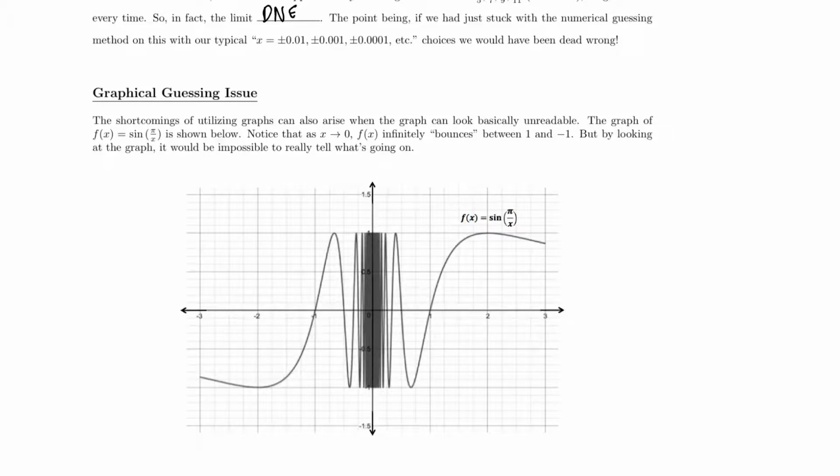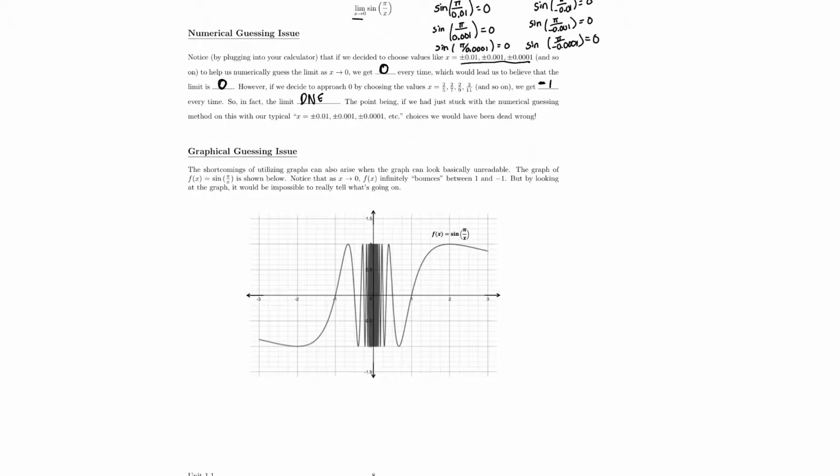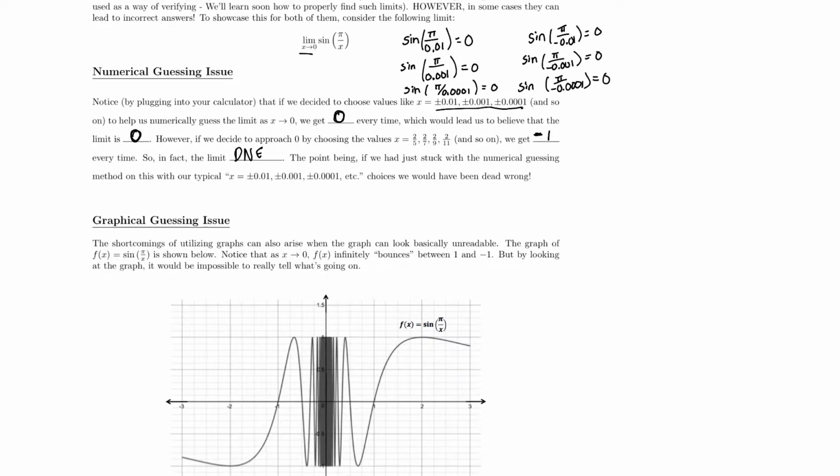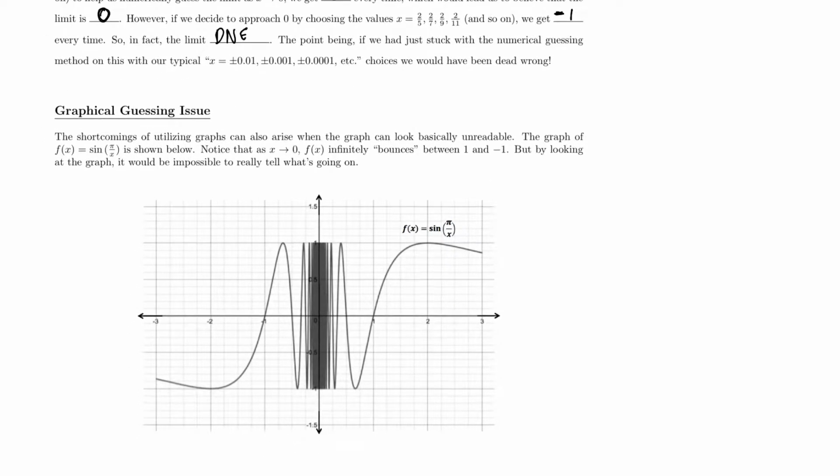The numerical guessing method is the least used method that we'll use, but it is a method and it's a way of talking about limits. But it has its shortcomings, and one of them is this particular function where it just gets wiggly, and depending on the numbers that you choose, it can appear that it approaches one thing when it actually approaches nothing at all. So that is one of the shortcomings of that method.